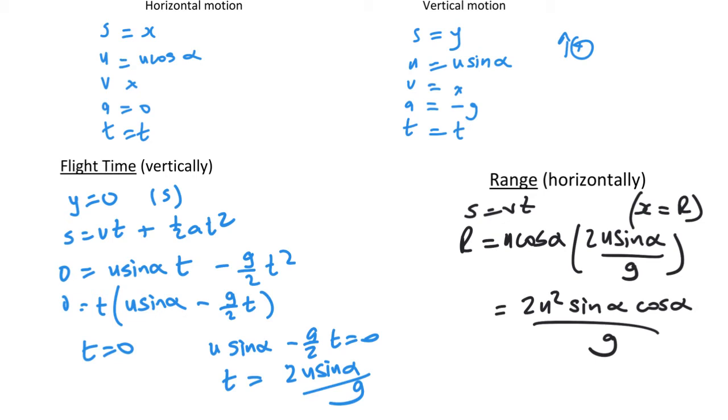What we should notice is we've got a 2 sine alpha cos alpha, which can be rewritten using the double angle formula as sine 2 alpha. So the range is going to be u squared sine 2 alpha over g. Generally then, the flight time is 2 u sine alpha over g, and the range is u squared sine 2 alpha over g.